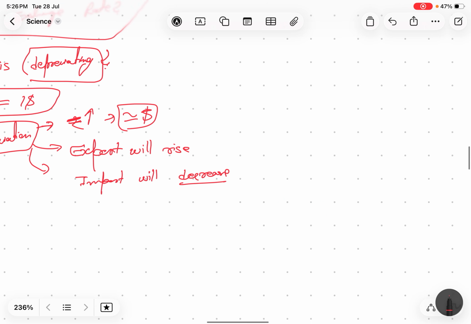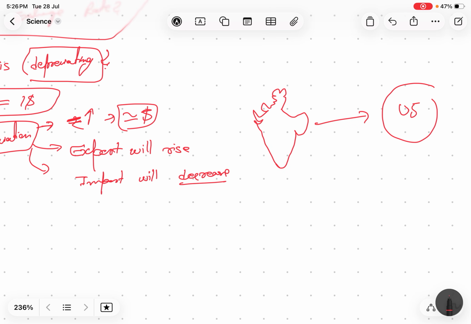See, for example, earlier, this is our India, and from here this is the US. Earlier, for example, we used to sell a particular mobile phone from India to the US.